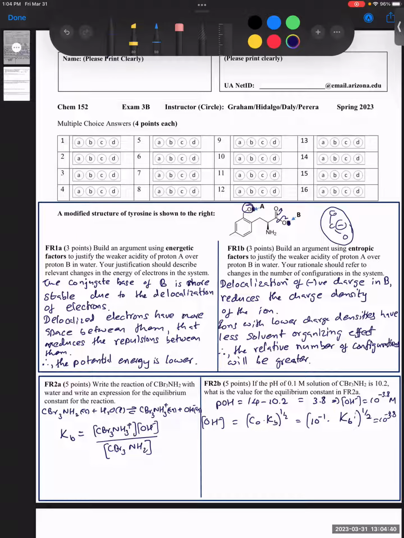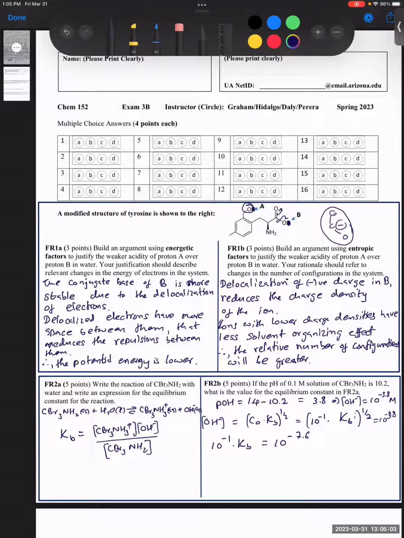And then we can rewrite this. I'm going to square both sides. 10 to the power of minus 1 times Kb is equal to 10 to the power of minus 3.8 times 2, which is minus 7.6.